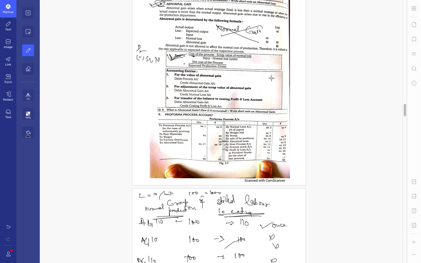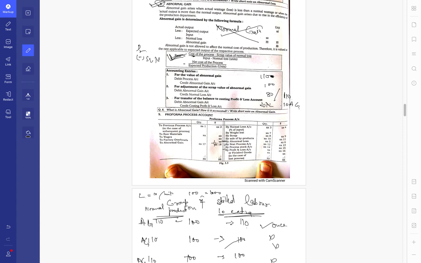Now as to abnormal loss, you will be given that the standard input is 110 units, standard output is 100 units, but we manufactured 80 units. For second scenario, we manufactured 110 units. Either of the cases I am taking, wherein over here you have abnormal loss, and you have 10 units of abnormal gain.